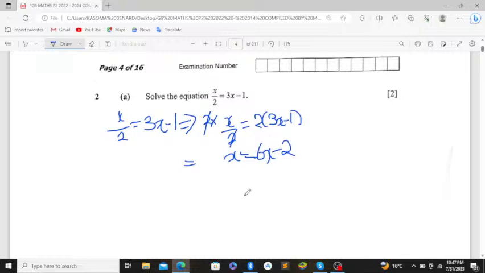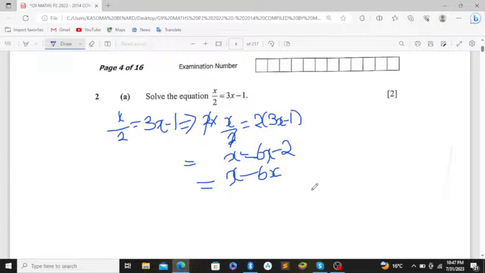Now what I'm going to do here is put like terms together. I'm going to write x. Remember, I'm solving the equation. I want to find the value of x. So now I'm going to say x, then this 6x will cross the equal sign and become minus 6x.